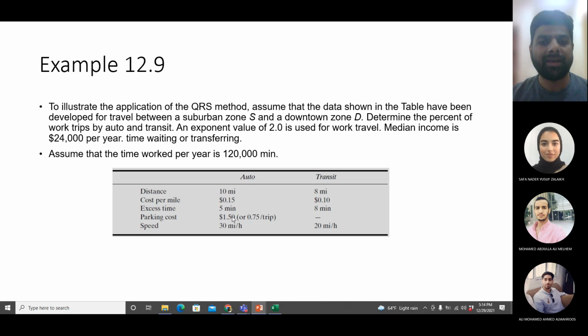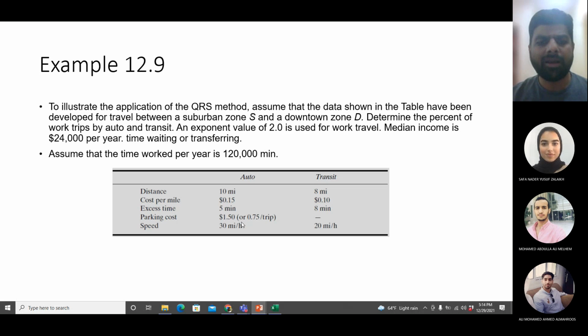Then we have access time of 5 minutes for auto and 8 minutes for transit. It may be because the person has to park somewhere else and then come back to his origin, to his house or to his destination. So the access time for auto may be from the parking area. For transit, we know we have to go to the bus stop and wait there.